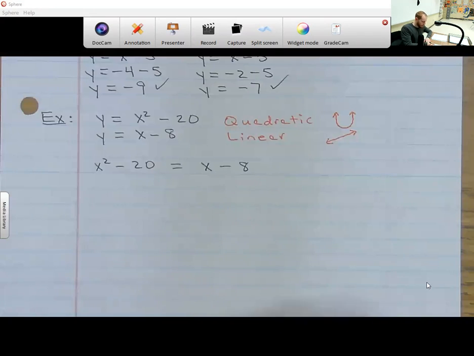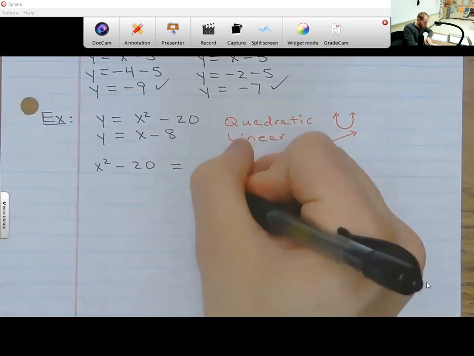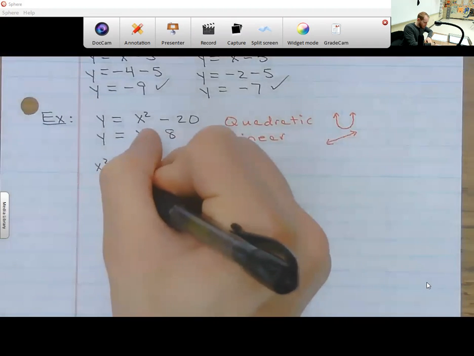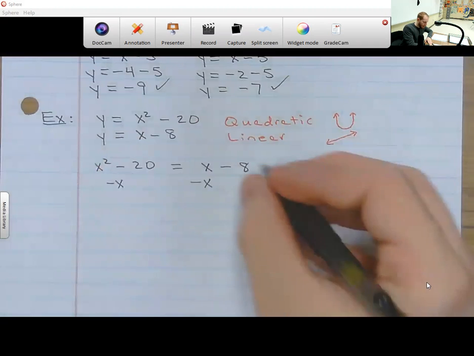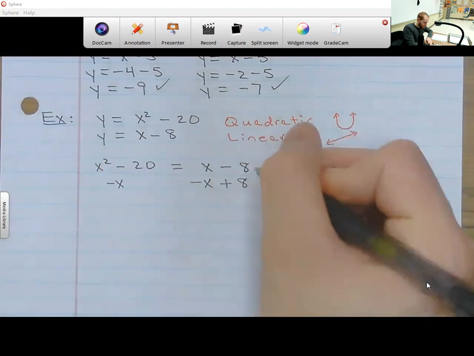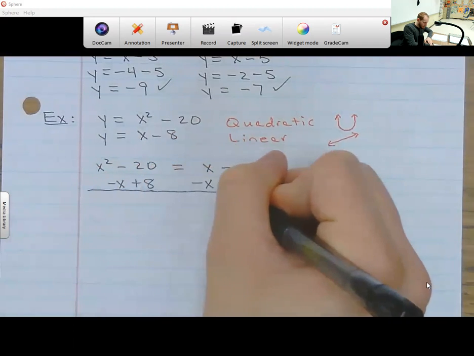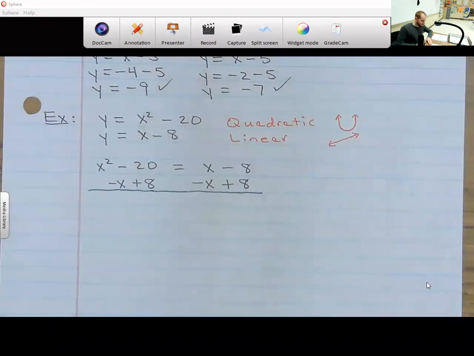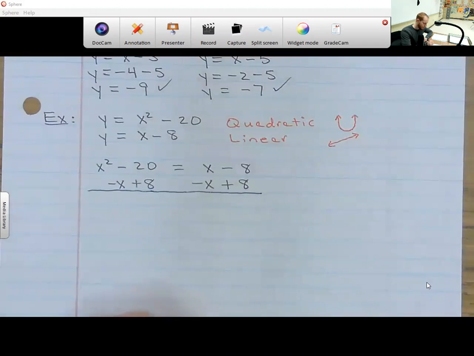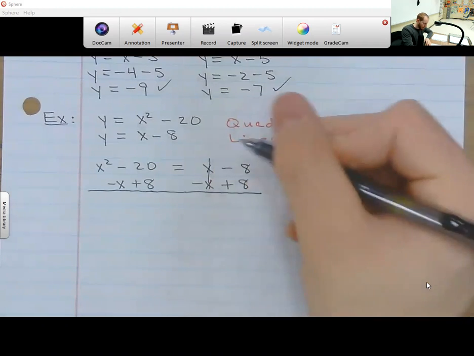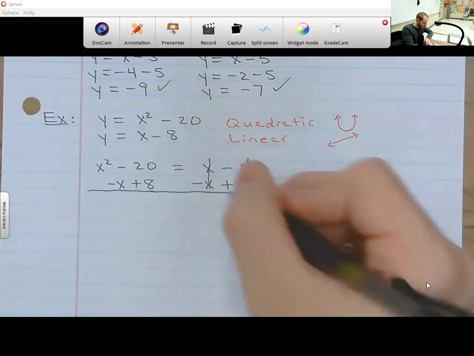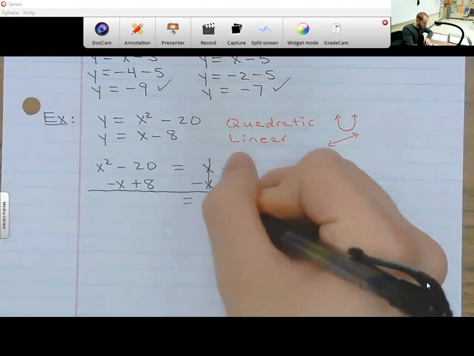Okay, so to get rid of the x, I need to subtract x from both sides and add 8 to both sides. These x's cancel out, these 8s are going to cancel out, and I'm going to get 0 for this side.